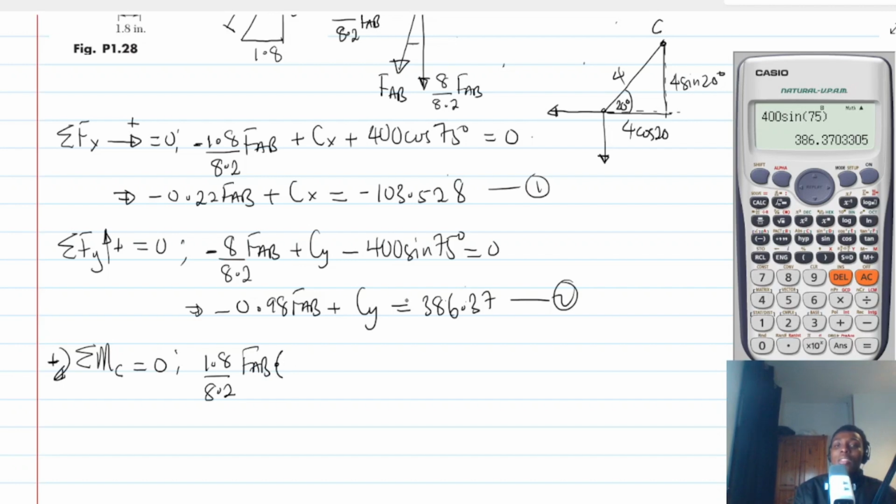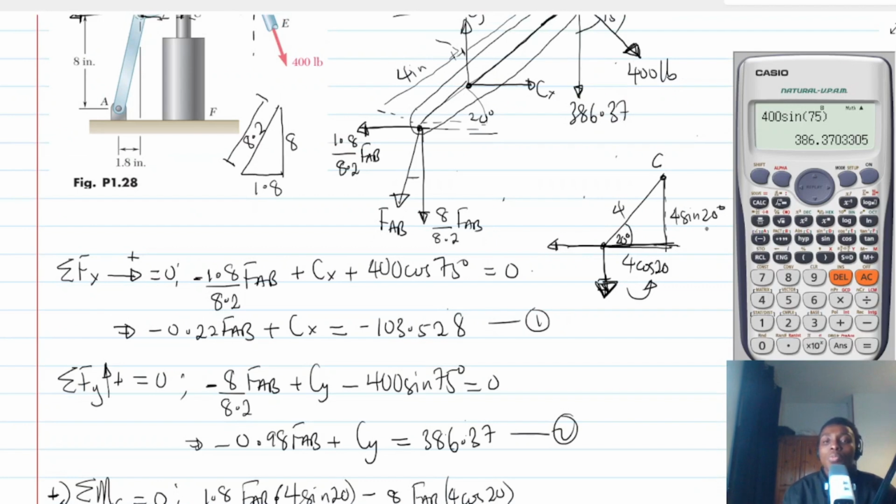Then I'll multiply the force by the distance, which is 4 sine 20. But then if you use the y component, the distance will rather be 4 cosine 20. But then the moment is going to cause anti-clockwise moment. So it's going to be 8 over 8.2 FAB, 4 cosine 20. So we are done with FAB part.